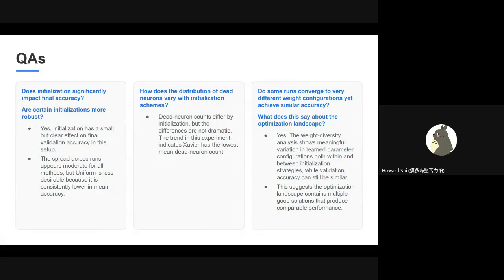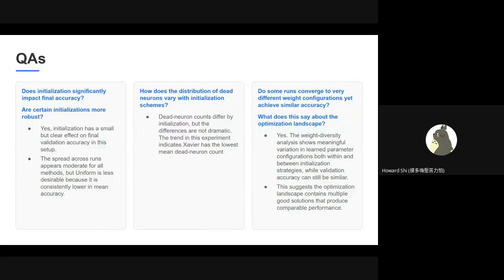In terms of robustness, the spread across runs appears moderate for all methods. No extreme instability, but uniform is less desirable because it is consistently lower in mean accuracy. He is the most reliable choice when the objective is highest final accuracy, while Xavier remains competitive.